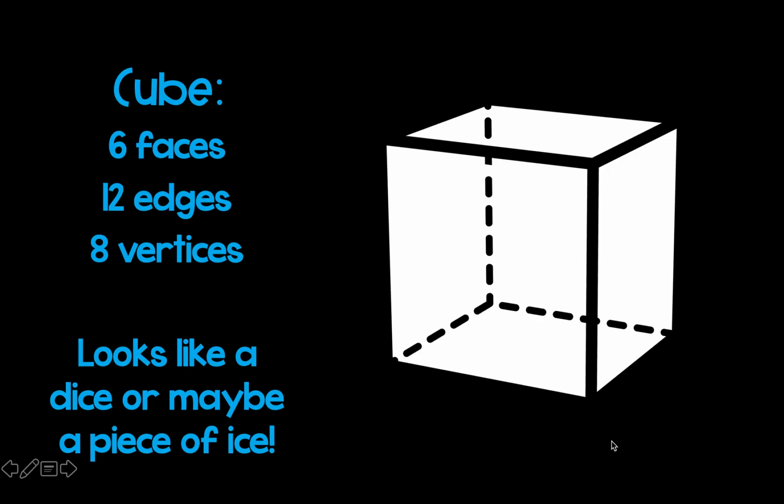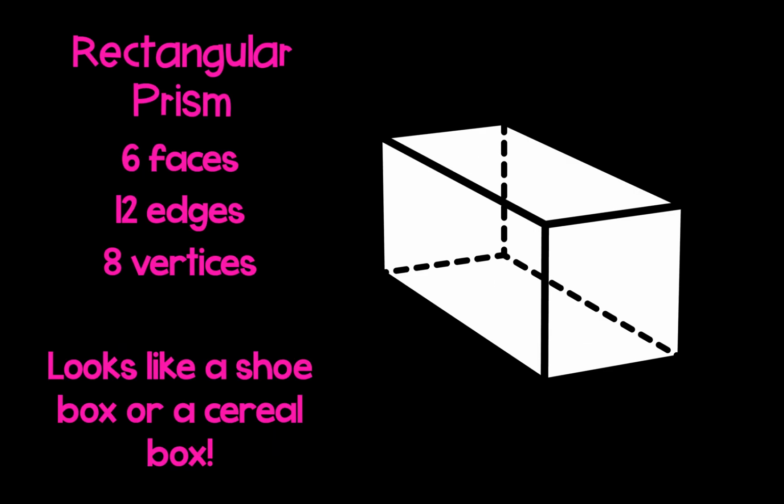This, my friends, is a cube. A cube has the same attributes as a rectangular prism. It has 6 faces, 12 edges, 8 vertices, but on the cube, all of the sides are squares. Remember, going back, on the rectangular prism, I told you that 4 of the faces were rectangles.